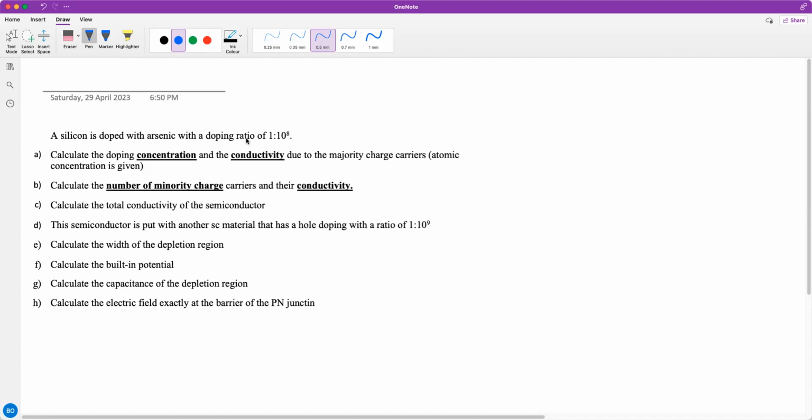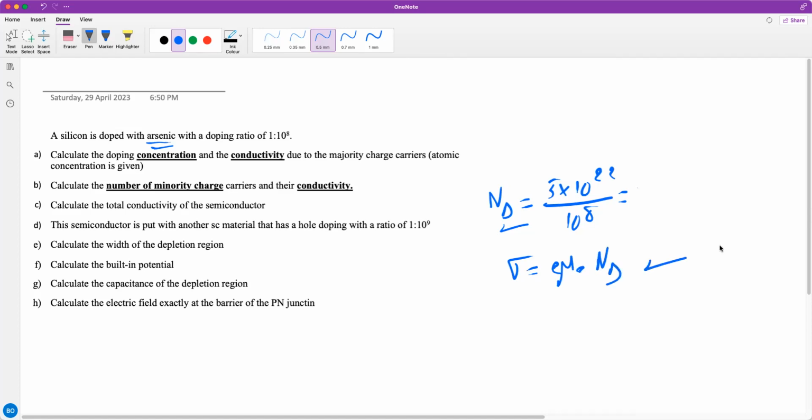As I told you, the doping ratio means that, with arsenic, the number of donors is equal to the atomic concentration, which I gave, divided by 10 to the power of 8. It will give you the number of donors. Calculate the doping concentration and the conductivity. This is the doping concentration, and the conductivity is easy. The conductivity is q times mu times n, and then you get everything.